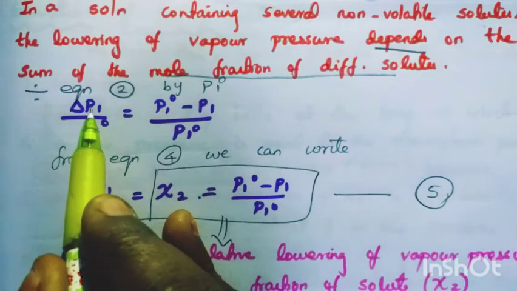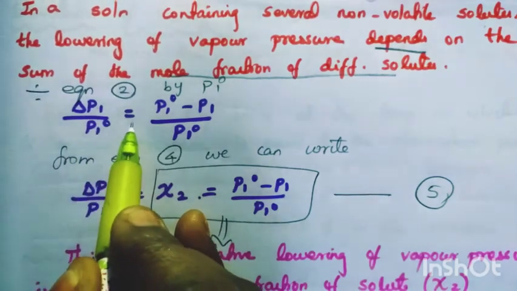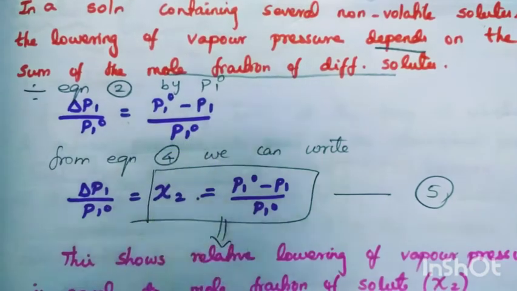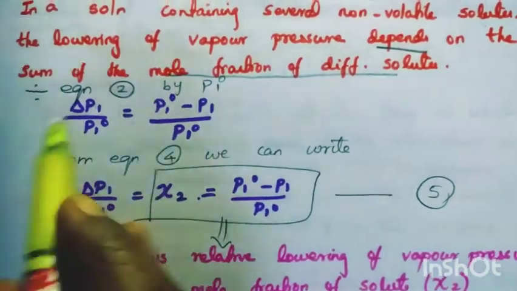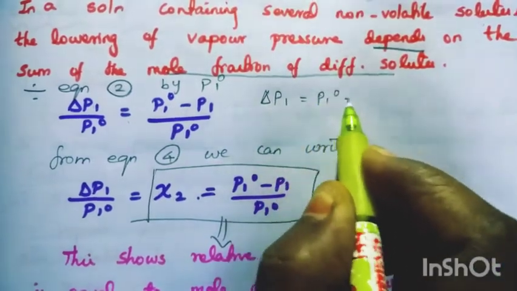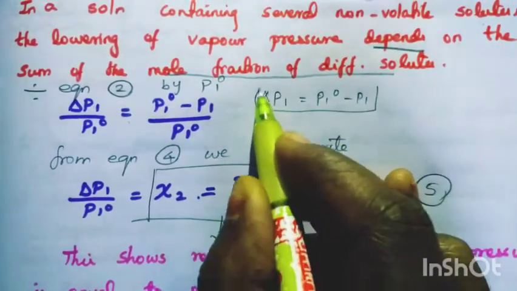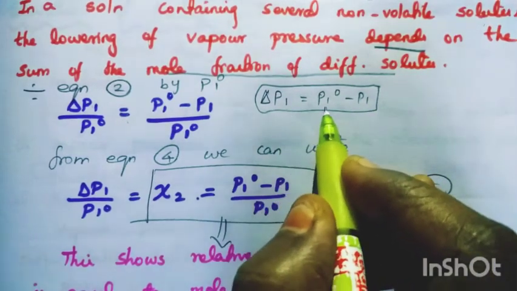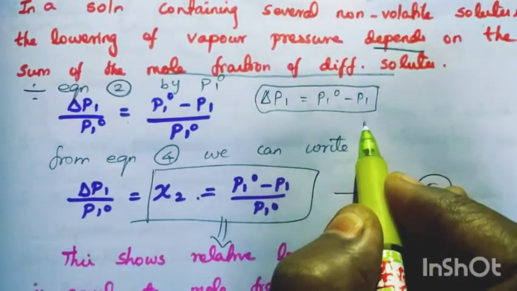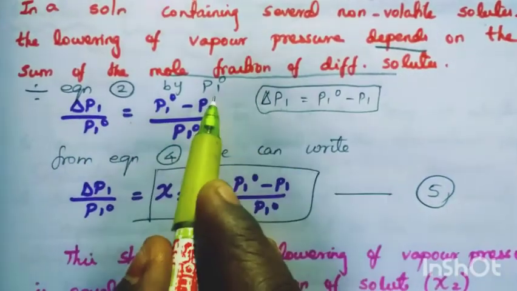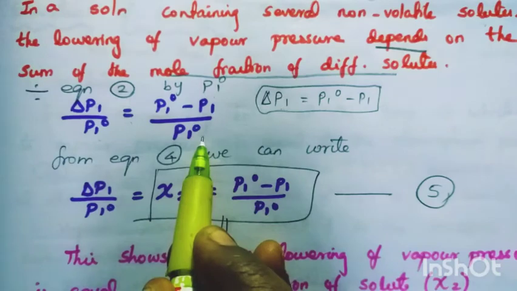Now delta P1 by P1 naught is equal to P1 naught minus P1 by P1 naught. We know delta P1 is equal to P1 naught minus P1. I already wrote the difference in the vapor pressure: this is pure solvent and this is solution. Divide that equation by P1 naught.